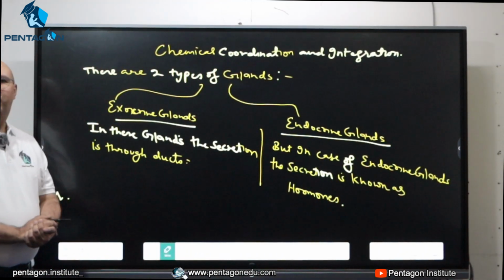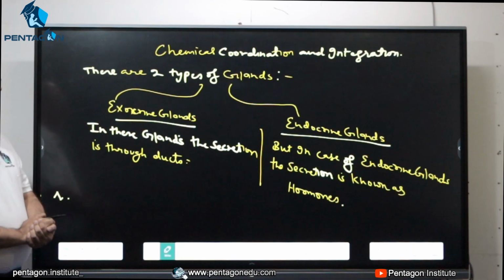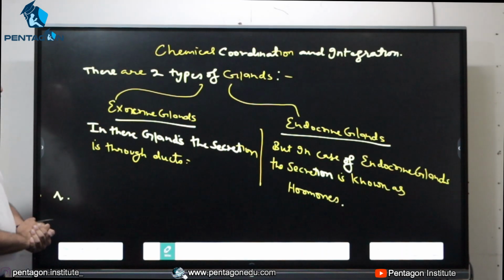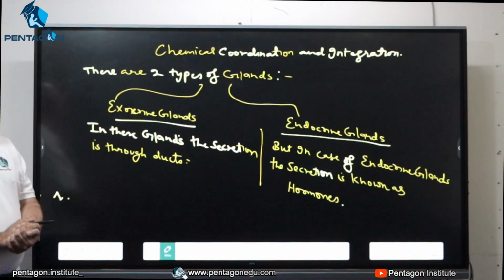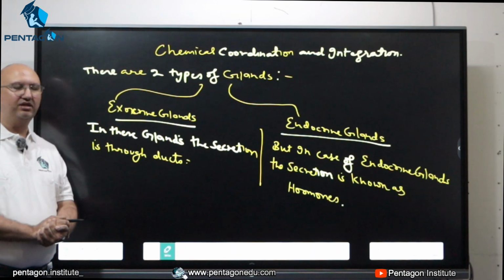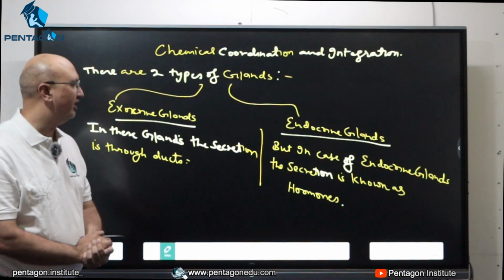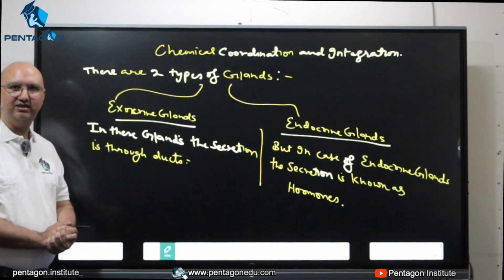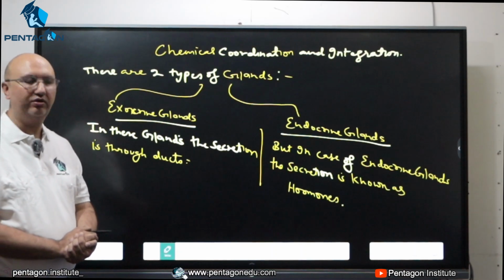Exocrine glands are the glands which pour their secretion through the ducts to a particular part of the body. But in case of the endocrine glands, the secretion is known as hormones.